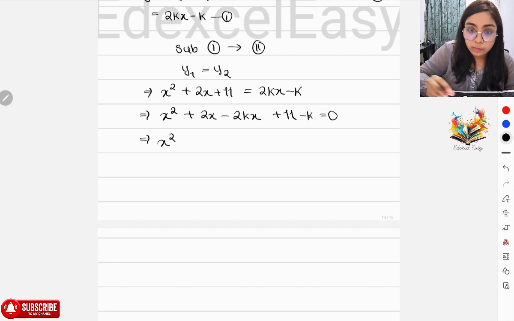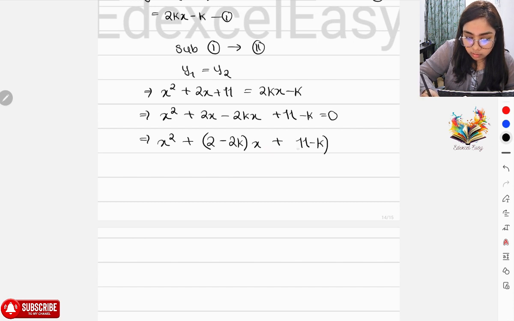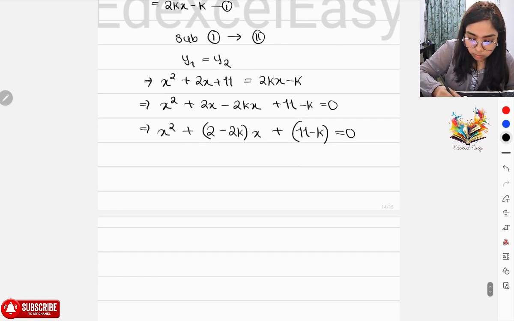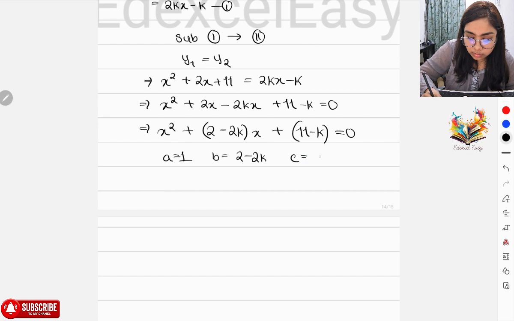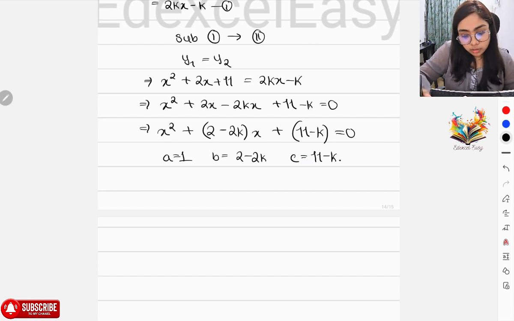From here, I take x common to separately indicate the parts A, B, and C. So this is x squared plus (2 minus 2k)x, and the constant is 11 minus k. That means from your equation, the value for A is 1, B is 2 minus 2k, and C is 11 minus k.